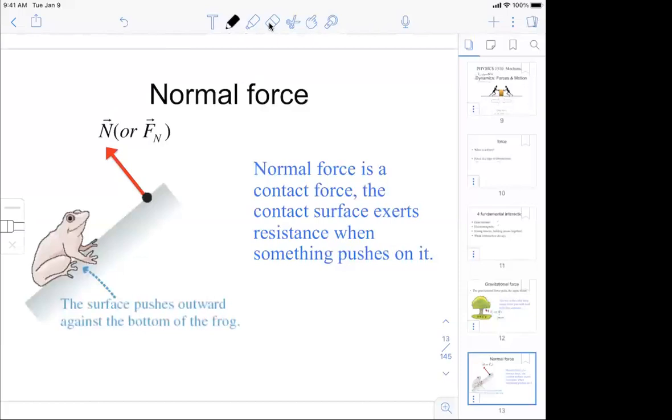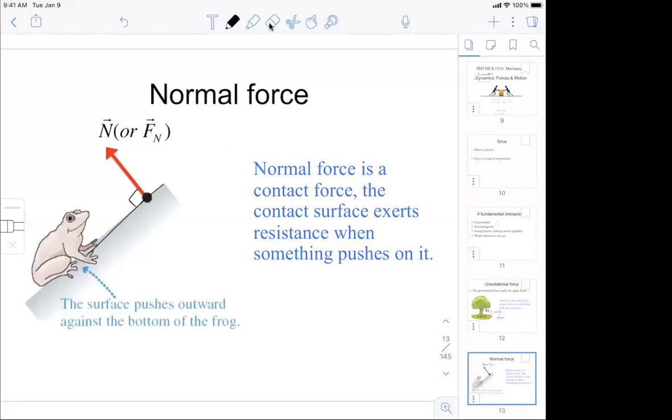Now, if your surface is inclined, like this frog, then there is a normal force pointing again perpendicular to your surface, supporting the object. In this case, your normal force is also tilted, but it is perpendicular to the surface.